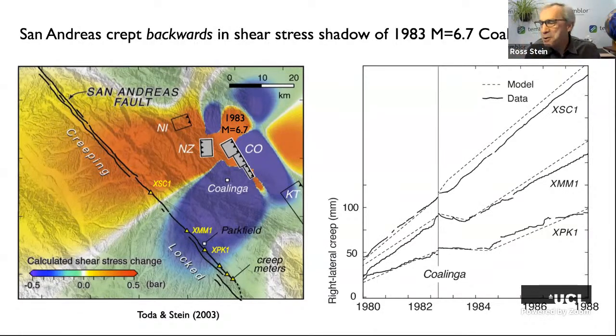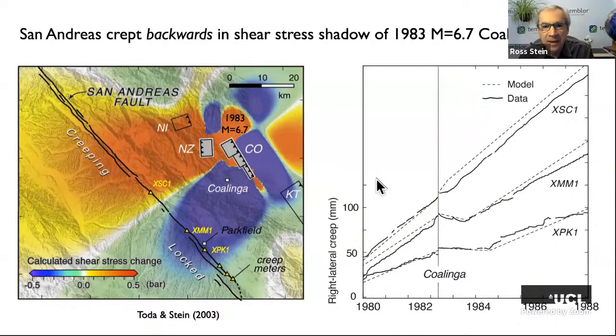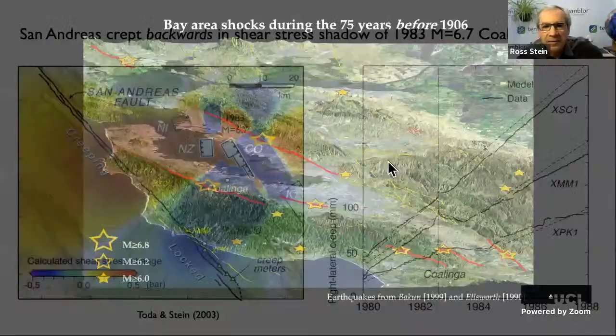So these are very small stress changes, and incredibly, they seem to be large enough to cause the San Andreas to go backwards.